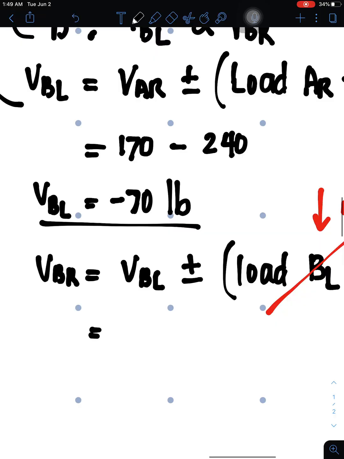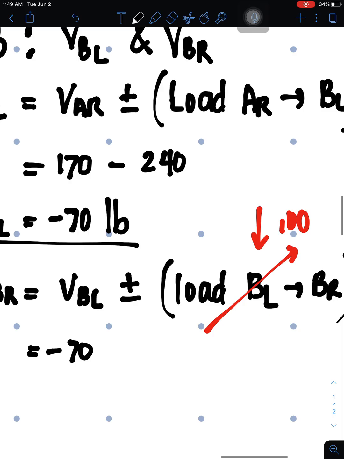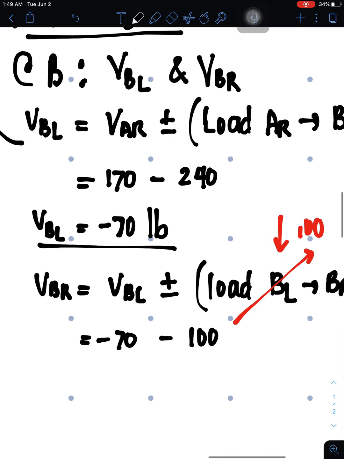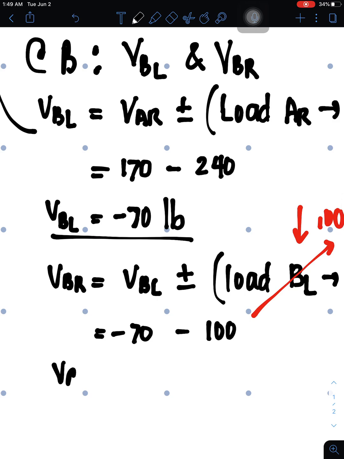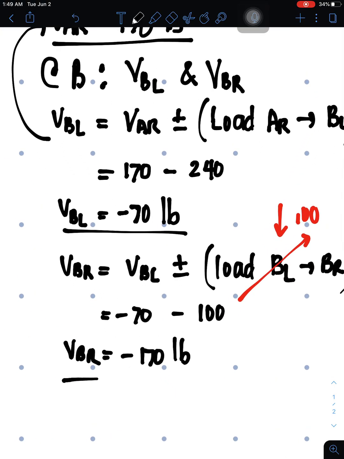The VB left is negative 70 and the 100 is downward, so it's minus. So VBR is now negative 170 pounds. Okay, so that's our VBR.